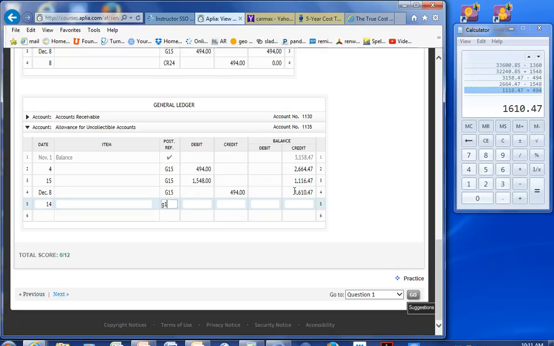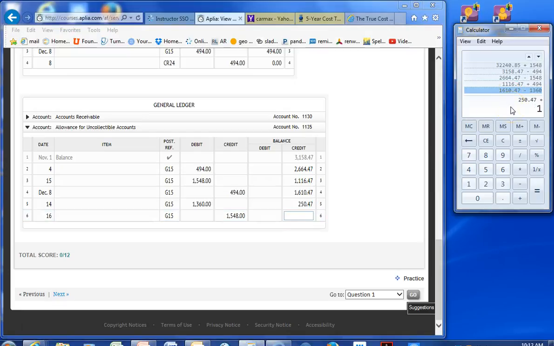Okay, then we have Fisher's. 136. 136. 250. And then the last one that decided to pay. 15. Plus 1548. 179847.